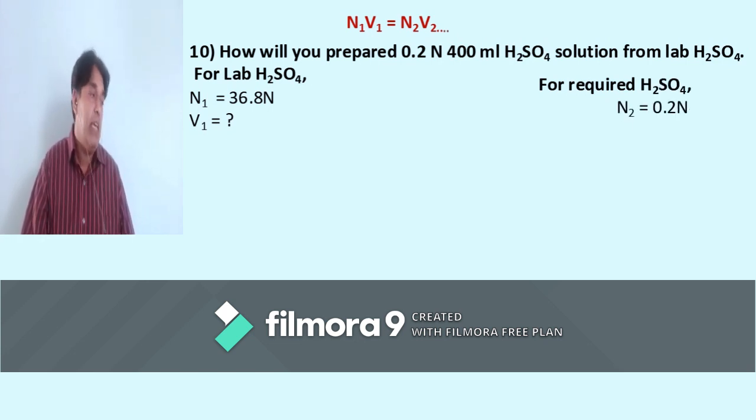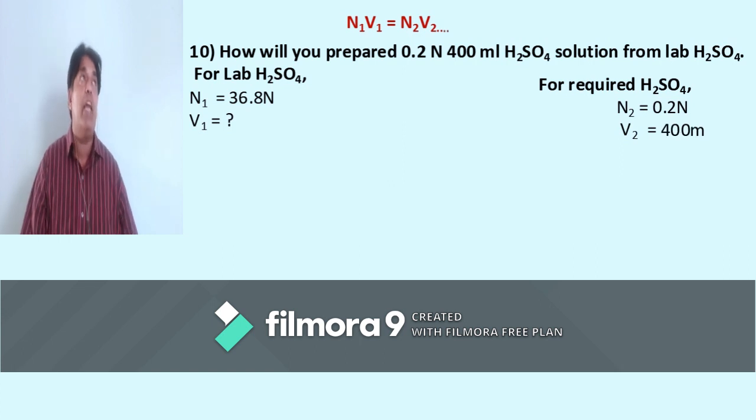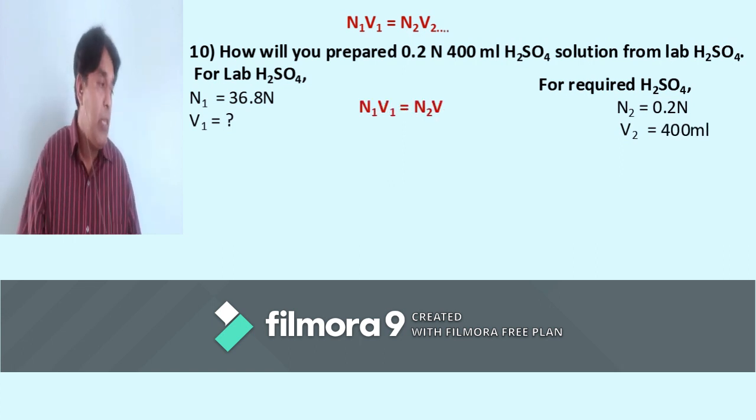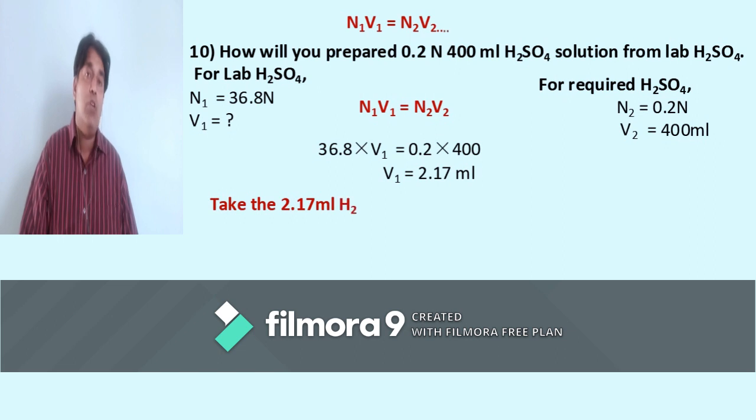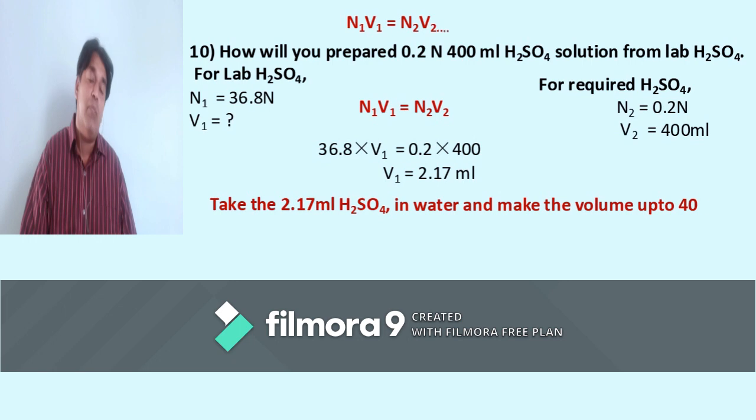Therefore, by using N1 V1 equals N2 V2, we determine the value of V1, that is 2.17 ml. Therefore, take the 2.17 ml of lab sulfuric acid, dissolve it in water and make the volume up to 400 ml. That is nothing but the 0.2 normal 400 ml sulfuric acid.